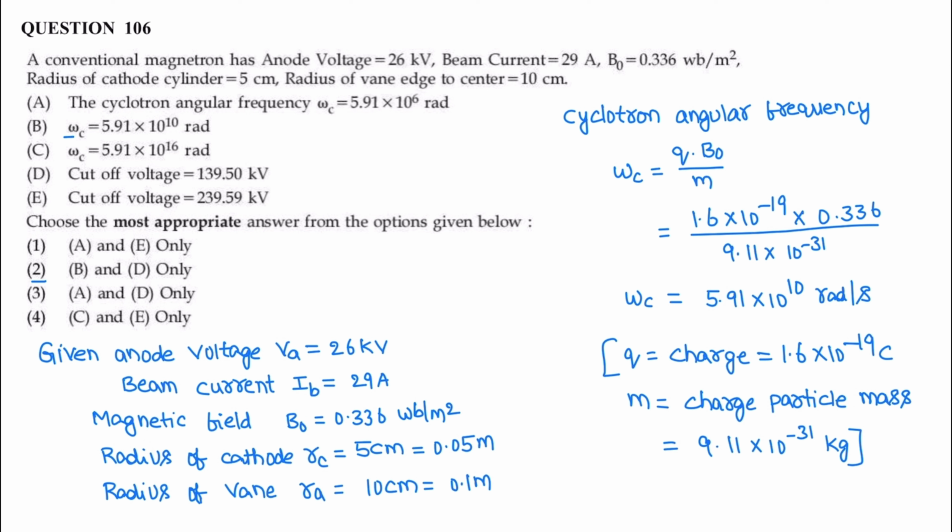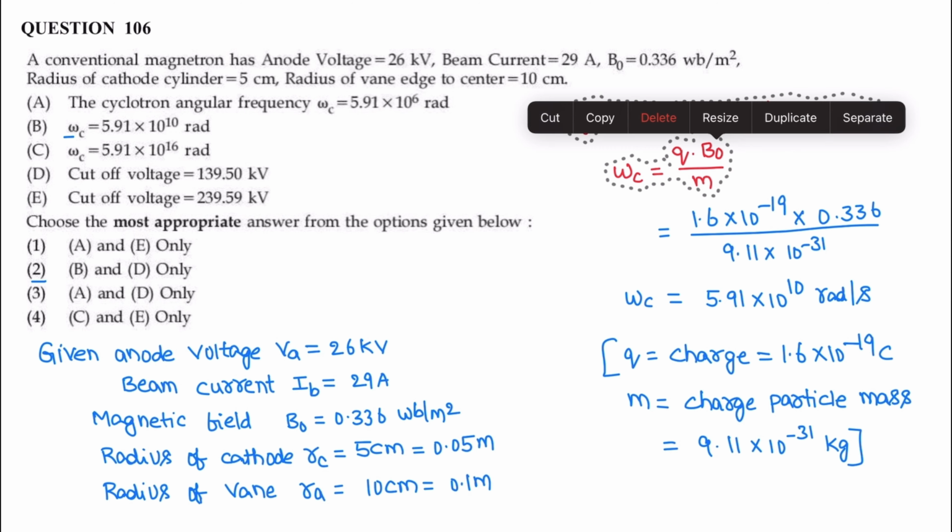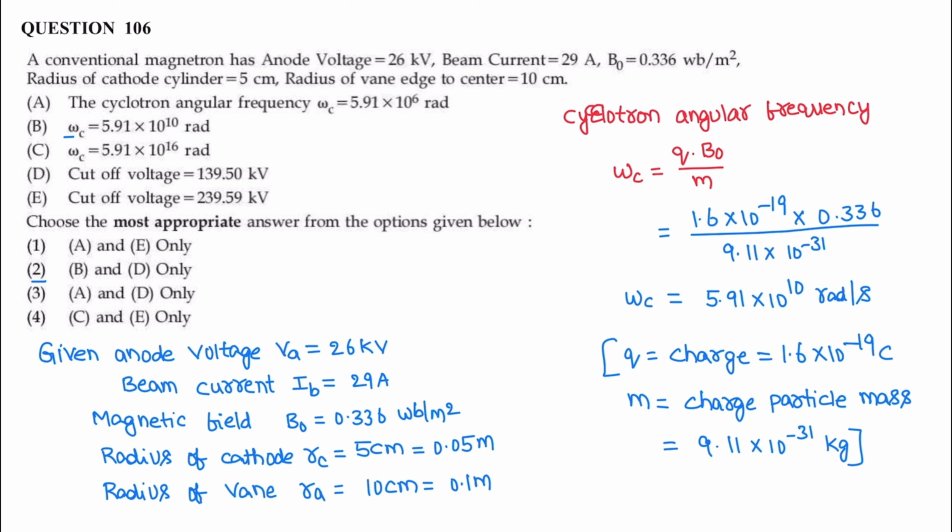Cyclotron angular frequency omega c is q B naught by m, where q is charge 1.6 into 10 power minus 19, B naught magnetic field is 0.336 Weber per meter square, and m is mass of electron 9.11 into 10 power minus 31. On calculation we will get omega c is 5.91 into 10 power 10 radian per second.